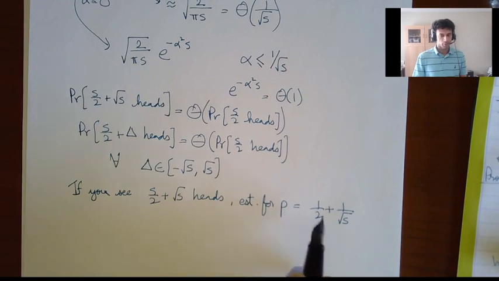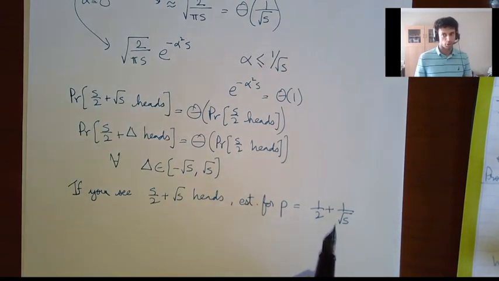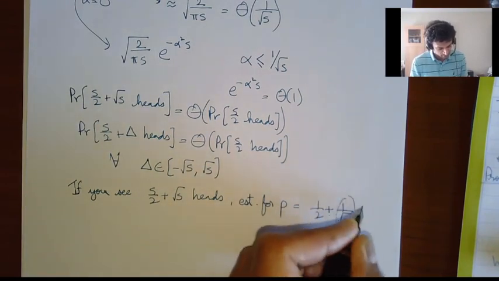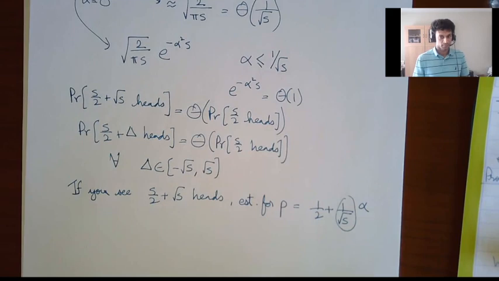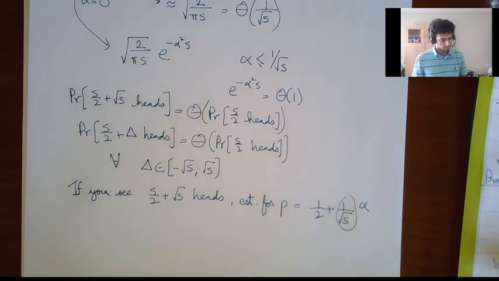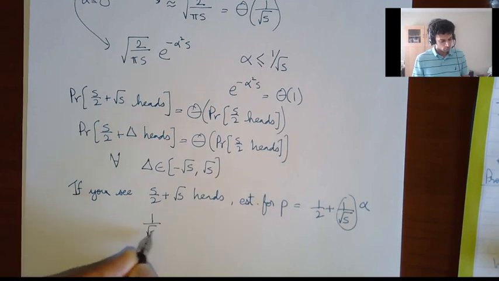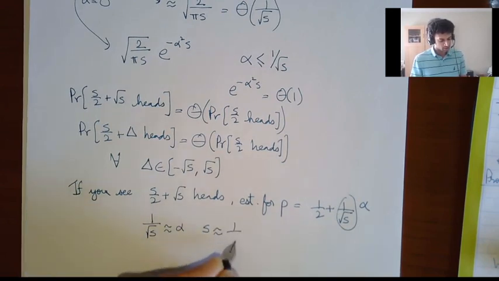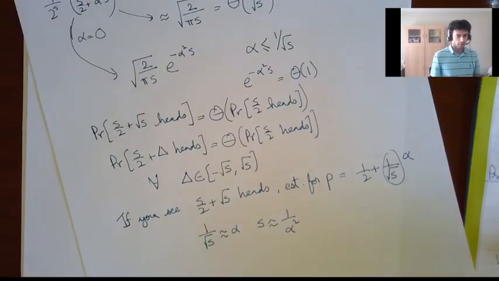So your estimate for the probability is half plus 1 over root s. Aha. So this is your alpha. This was the error that you were getting. And so 1 over root s being alpha means that s is 1 over alpha squared.